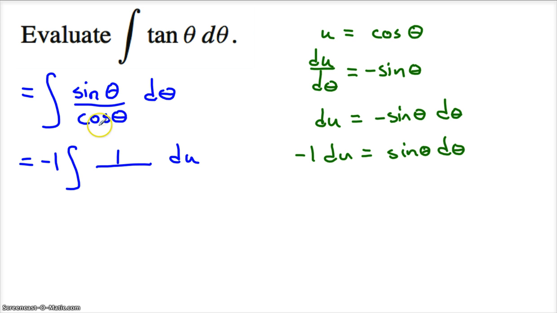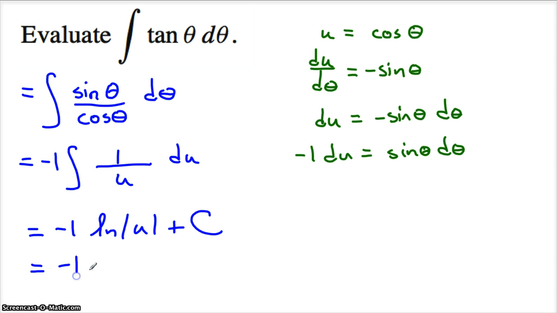We have cos theta in the denominator, but we defined u as cos theta, so we'll write down u here. This antiderivative is quite simple. The antiderivative of 1 over u is just ln u. So this becomes negative 1 times ln of the absolute value of u plus c.